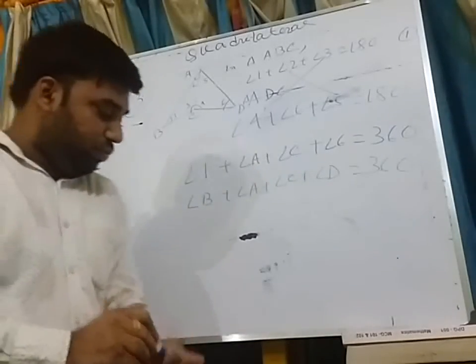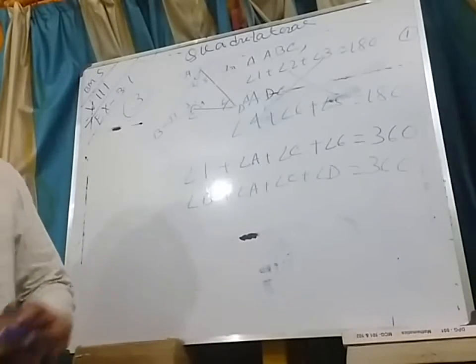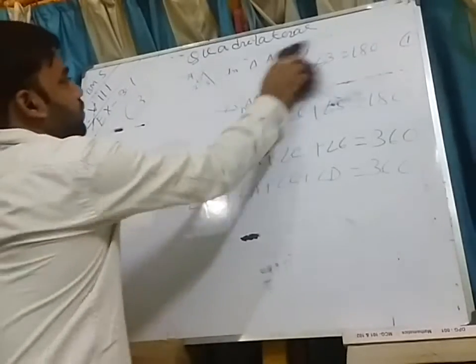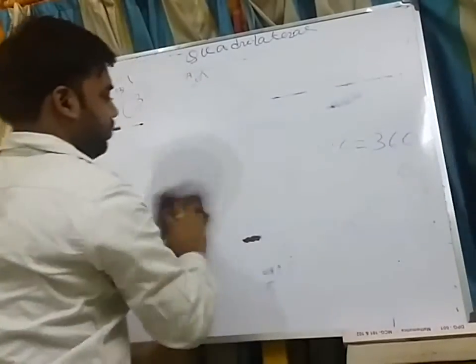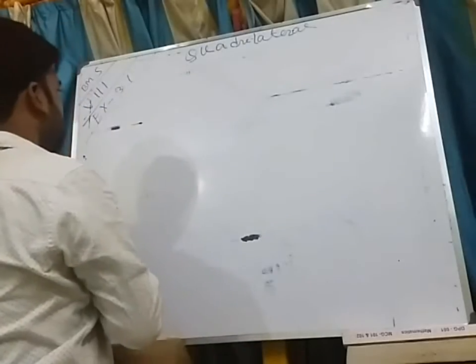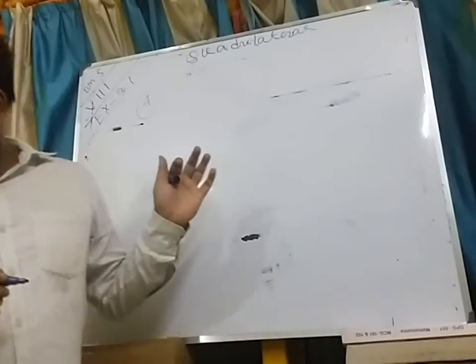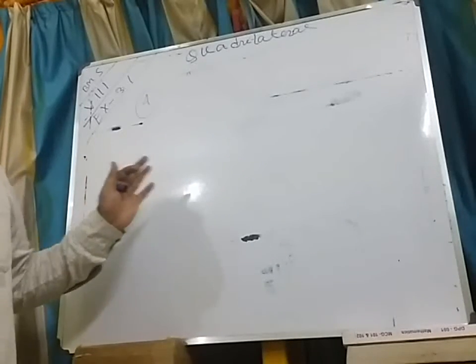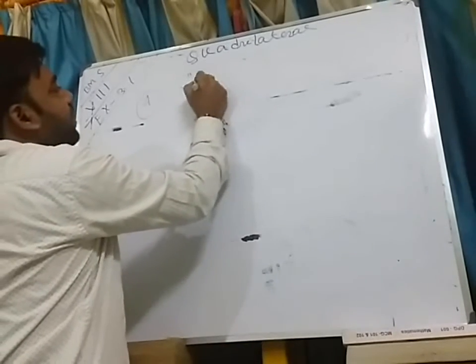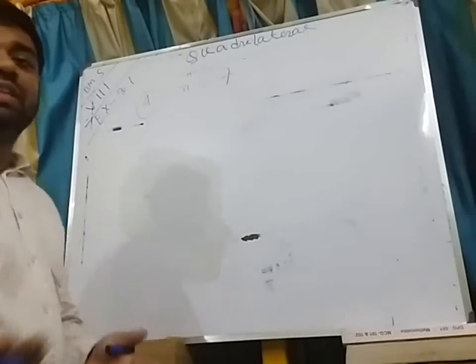Okay, moving to question number 4. If the number of sides equals 7, what will be the sum of the interior angles?